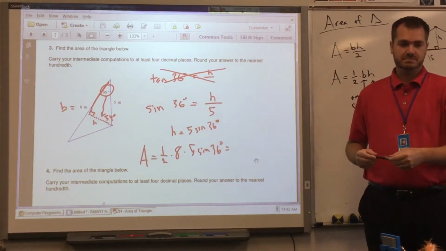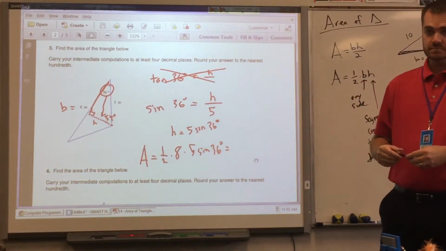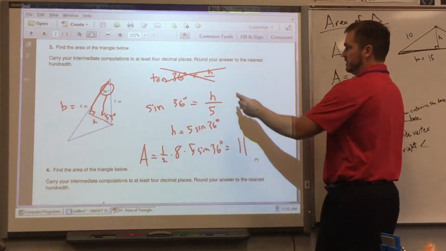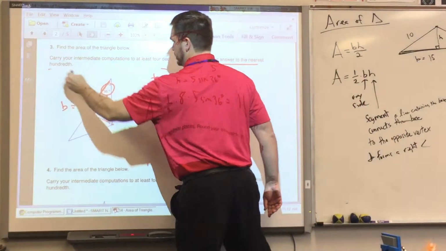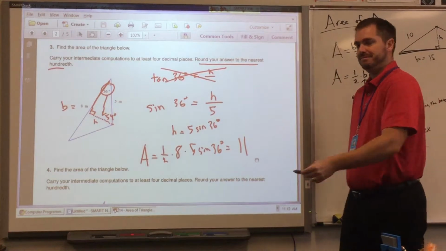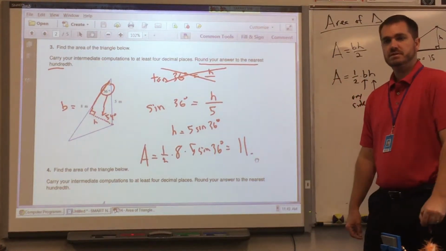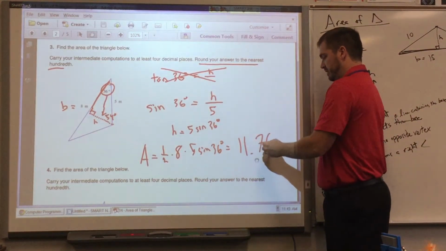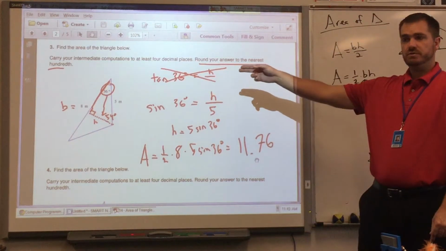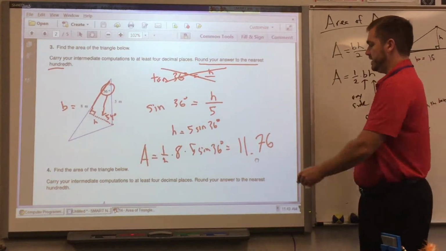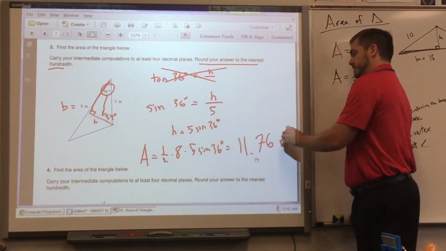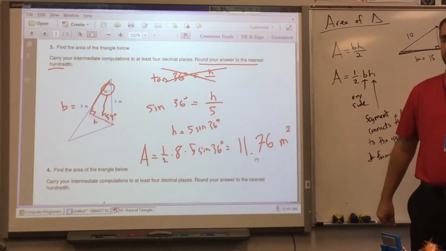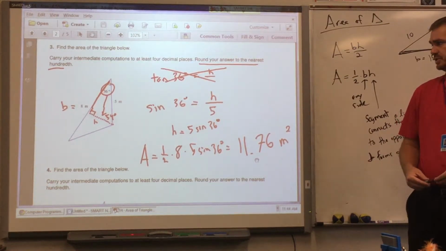What do you get, Haley? 11.8. They decided to keep us on our toes and want us to round to the nearest hundredth on this one. So 11.76. I agree. They did give us units on this one, so we'll throw those units right back at them. It's going to be meters squared, since we're talking area of the region.